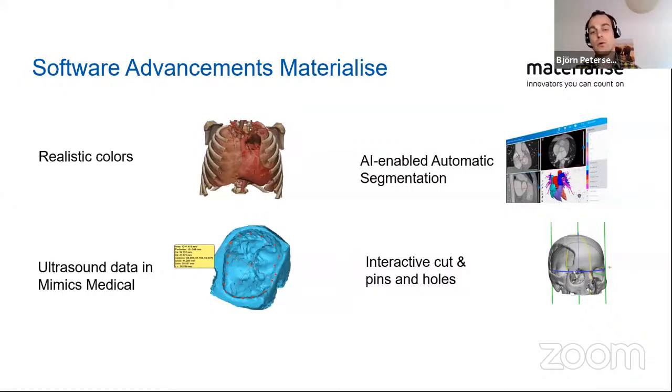What's coming more and more is artificial intelligence enabled automatic segmentation from our part, so that we can provide automatic segmentations also for the heart, for the CMF and for the knee. It makes the process much easier, faster and more accurate.